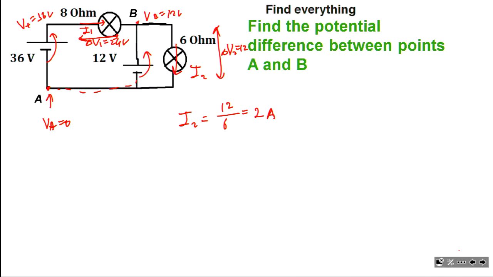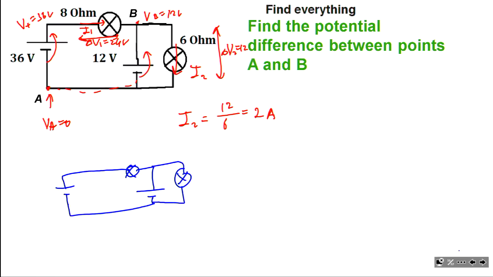Now let's see actually. I2, I1. So there has to be some current which goes through the battery.